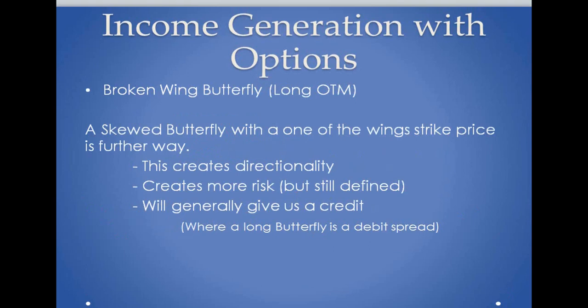The broken wing long butterfly out of the money is skewed with one of the wing strike prices being further away. This creates the directionality, and it creates a little bit more risk than the regular butterfly, and this will also give us a net credit.